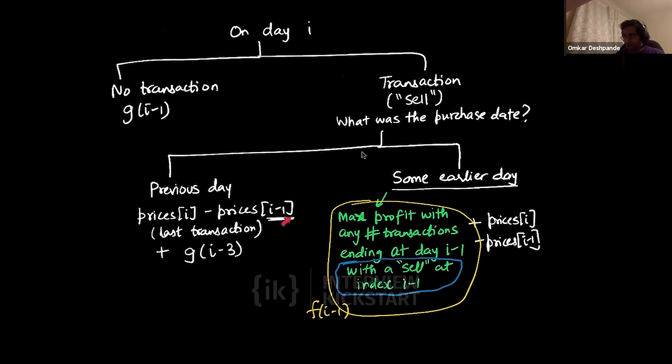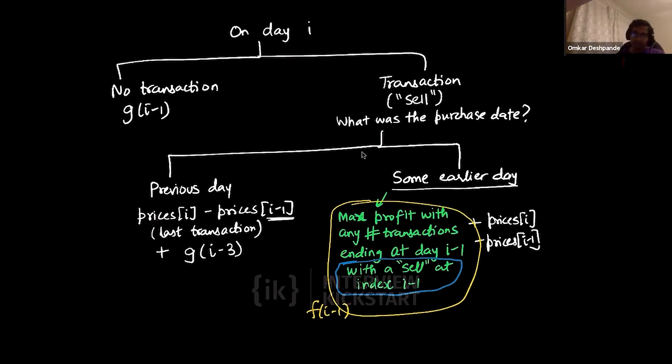If it happened on the previous day, then this made up the last transaction from I minus 1 to I. So if I want to maximize the profit before that, I cannot use the G value for I minus 1 or even I minus 2, because the minimum gap between a sell event and a buy event has to be at least 2 days.